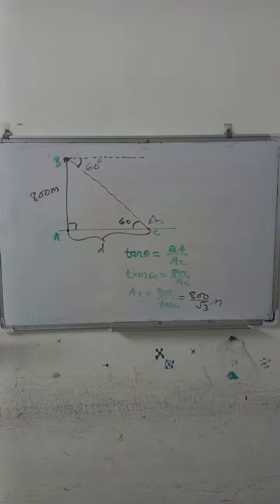The angle of depression of a car parked on the road, from the top of a 150 meter high tower, is 30 degrees.